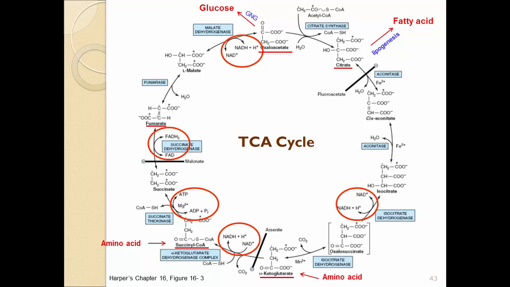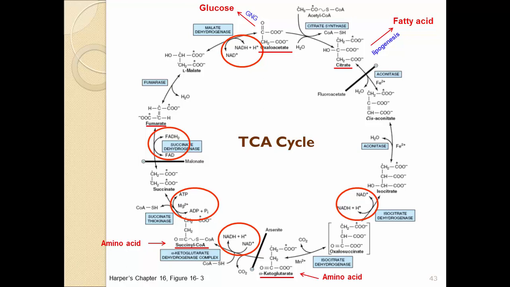And for ATP production, you try to remember which steps produce ATP and how many ATPs, NADH, and FADH are produced in those reactions. So I just circled the reactions that produce either direct ATP or NADH, right?